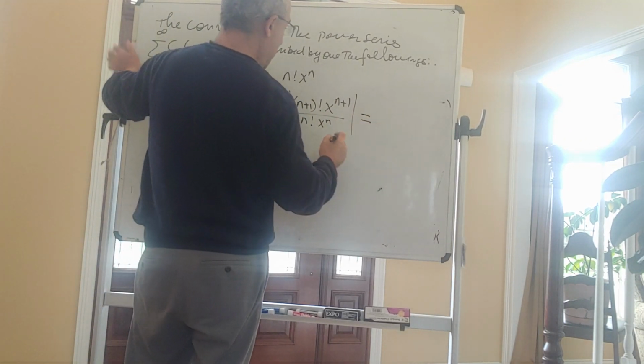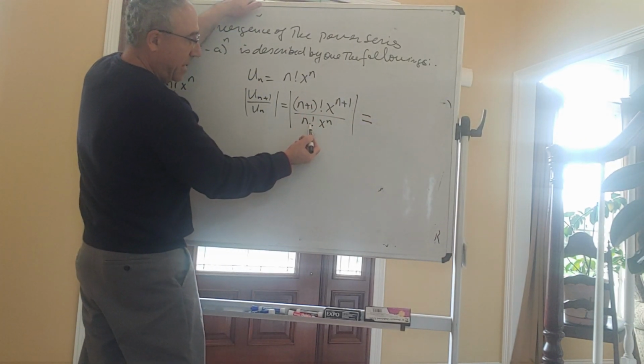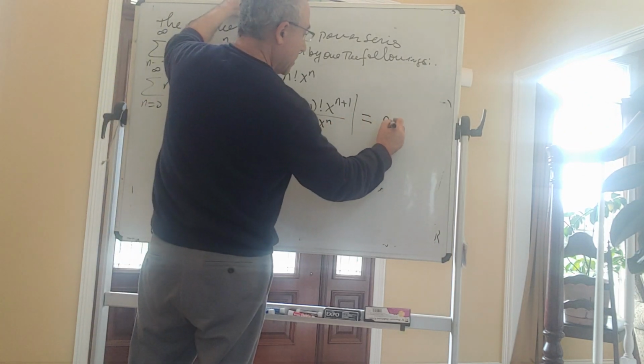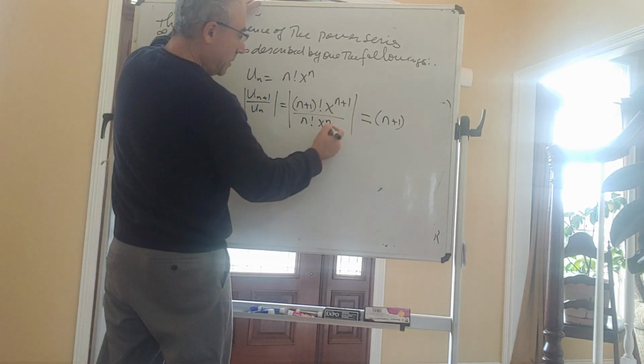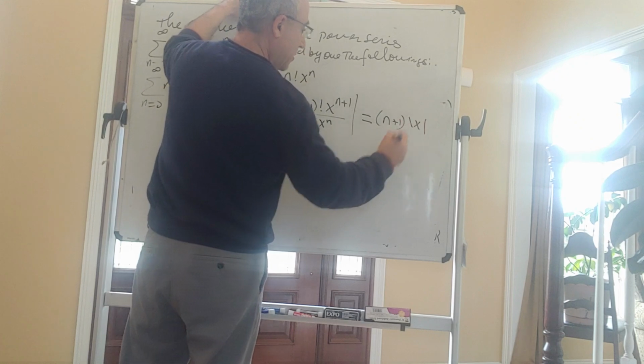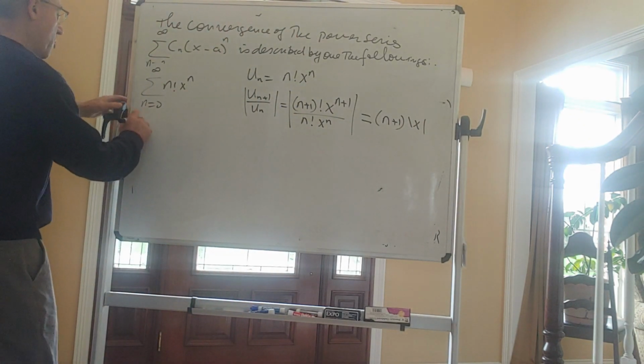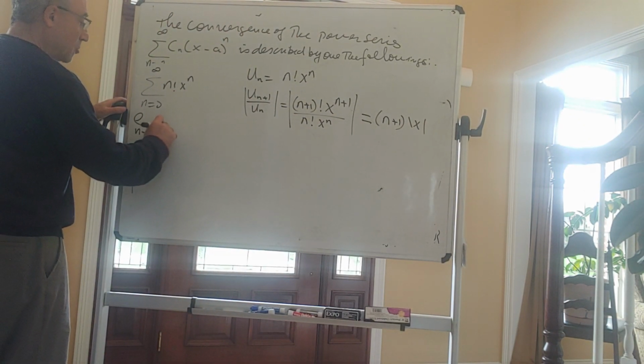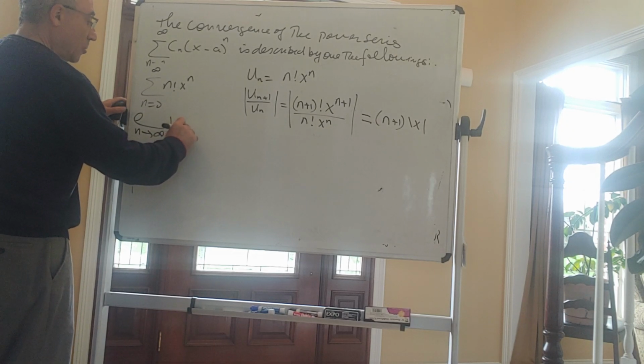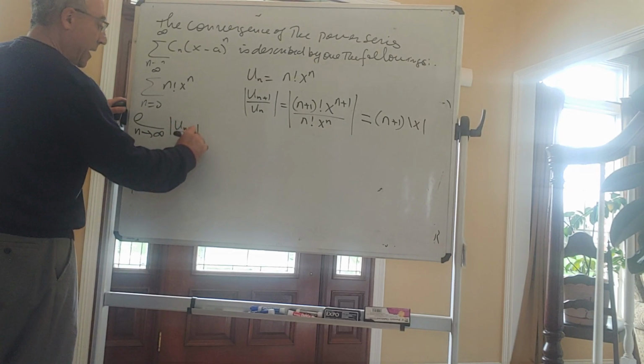To simplify, we know (n+1) factorial over n factorial is n+1, and x^(n+1) over x^n is x. There. So now we want the limit as n goes to infinity of u_(n+1) over u_n.